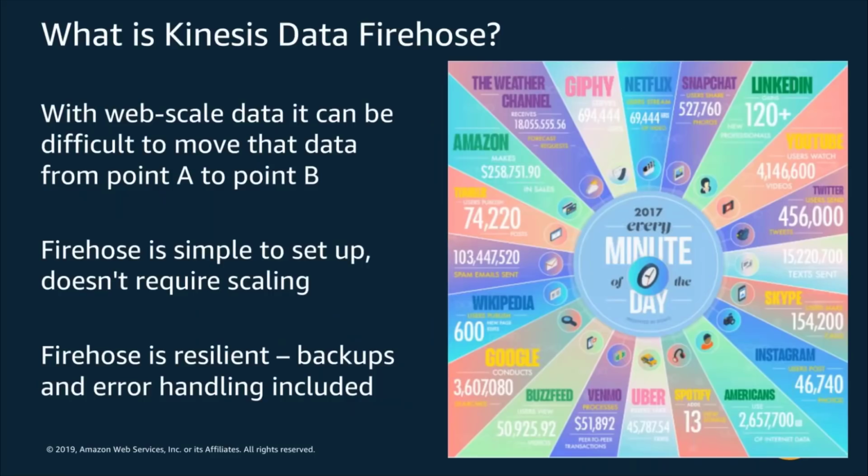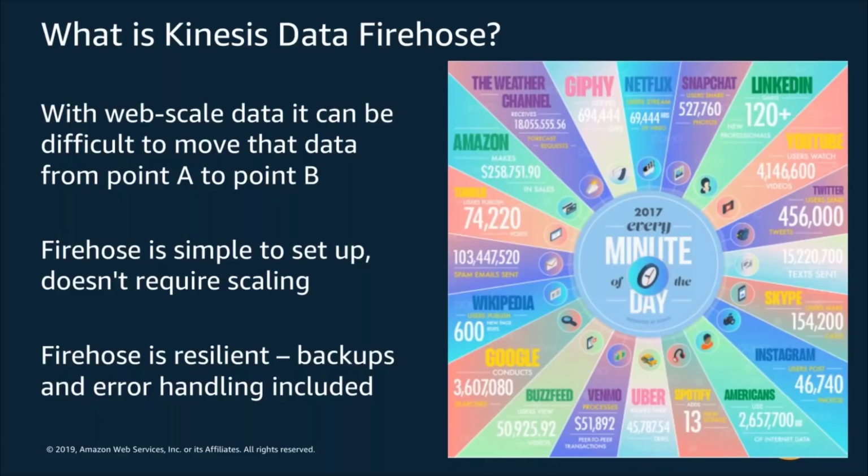So for those of you that are not familiar with Kinesis Data Firehose, Firehose allows you to stream your data from point A to point B in a scalable and reliable way. With web scale data, and we have some examples here of high scale data that's being created, you need a large pipe to move that data to where you want to send it.